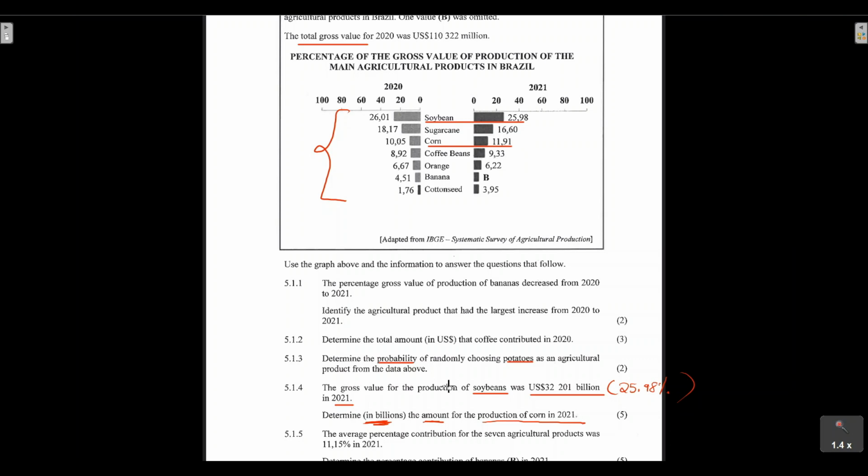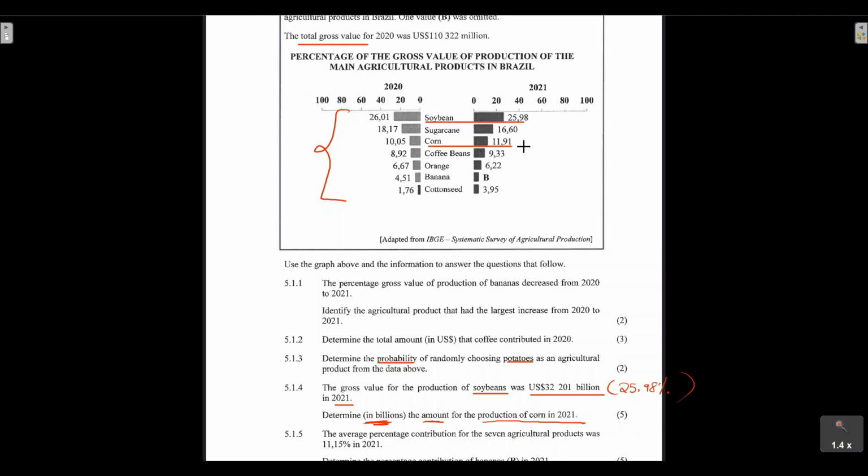However, we are given just 25.98%. Do you see the problem that we are encountering now? We are not actually given the total production. If we were given the total gross value, it would be easy because we would just take the 11.91 for the corn and multiply it by the total.